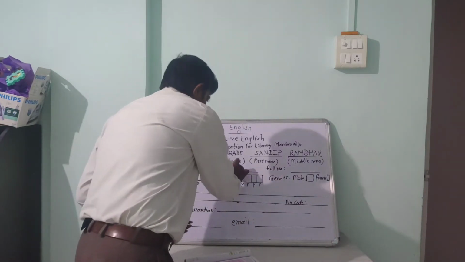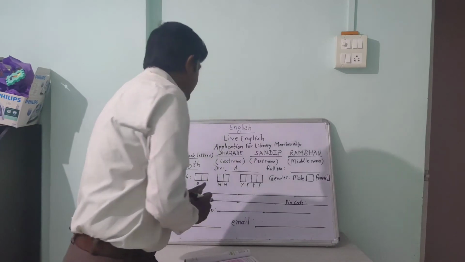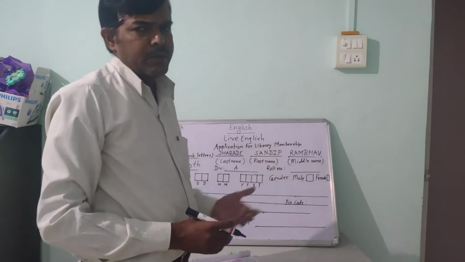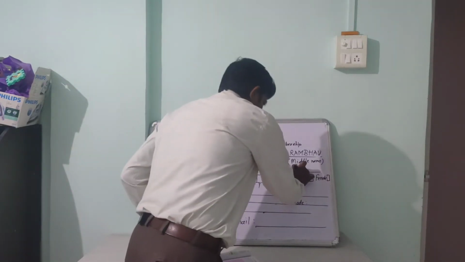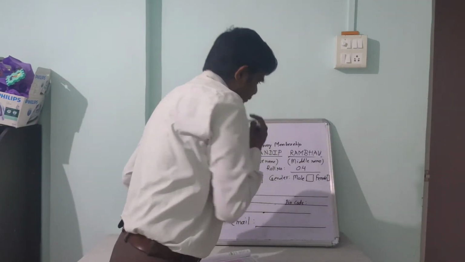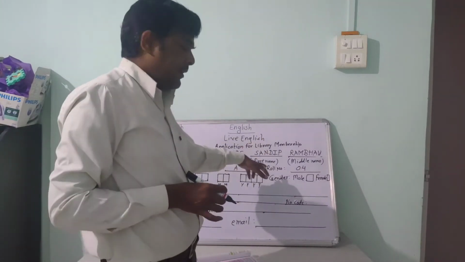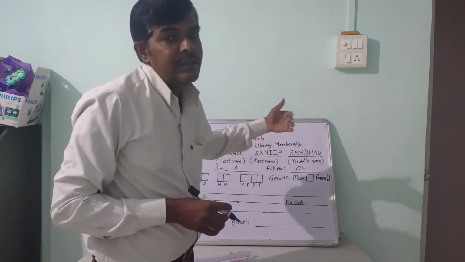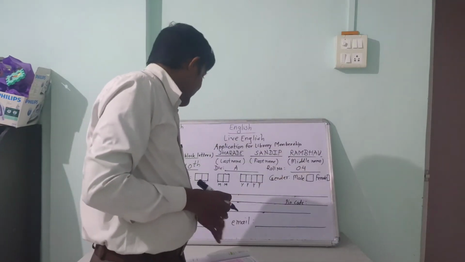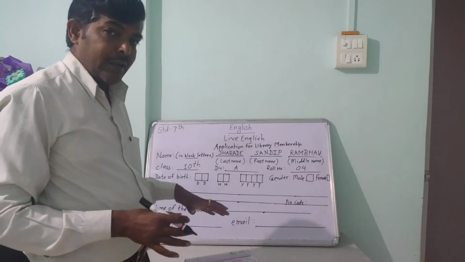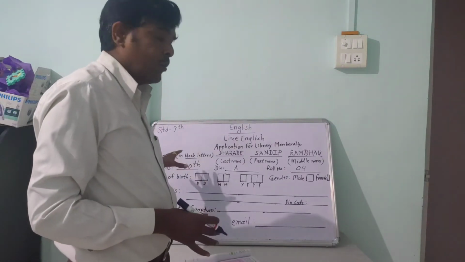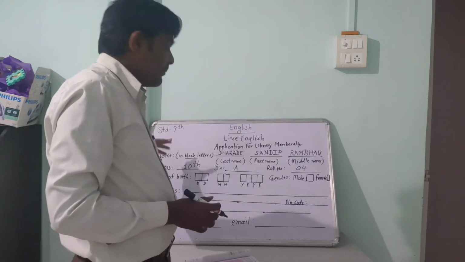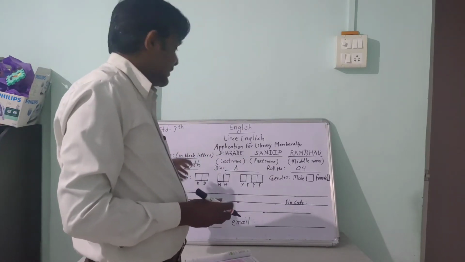So for example, I write class 10th division A, and then roll number, maybe my roll number will be 4. If you understand the meaning of these fields, then you can easily fill up all the forms. So it is necessary to know all the instructions given in the brackets, and at the same time the meaning of those fields.